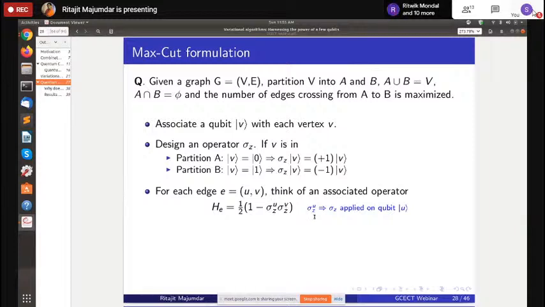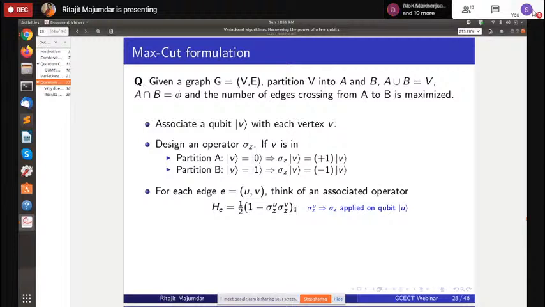But if they are in different states, then this H_e contributes +1. So for a disagree, because disagree means that we are coloring both the vertices the same, or we are assigning both the same magnetic pole or something like that, there is no contribution, it gives a 0.